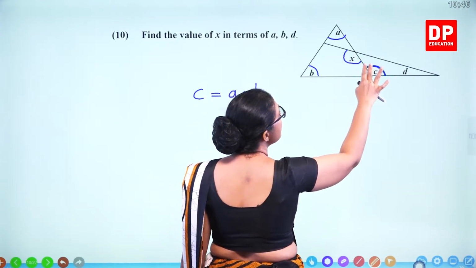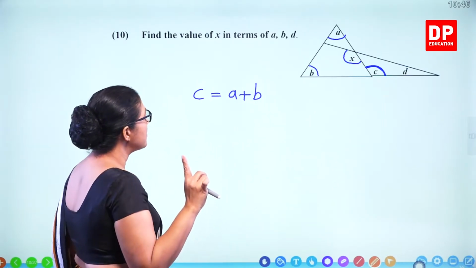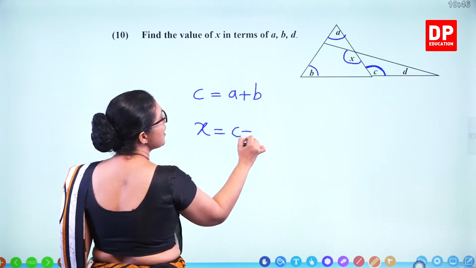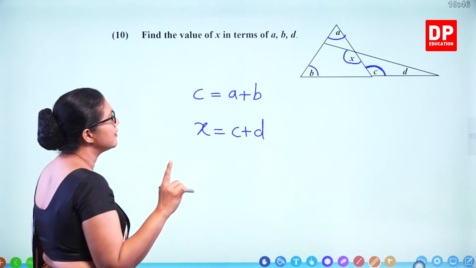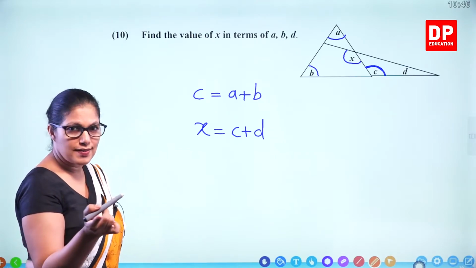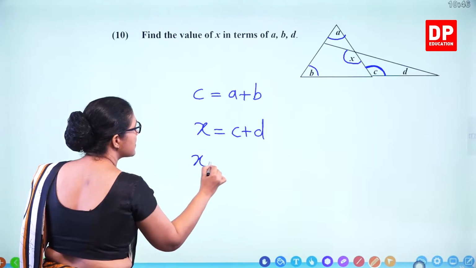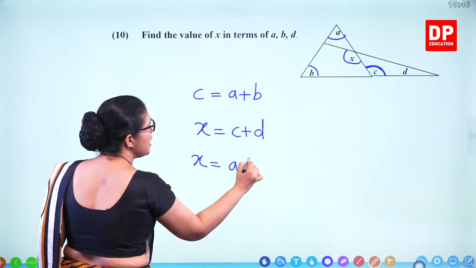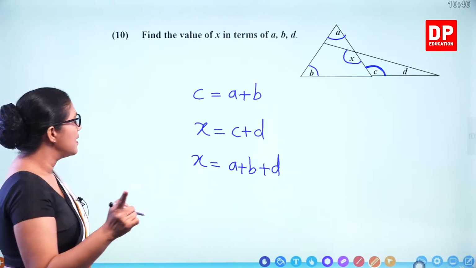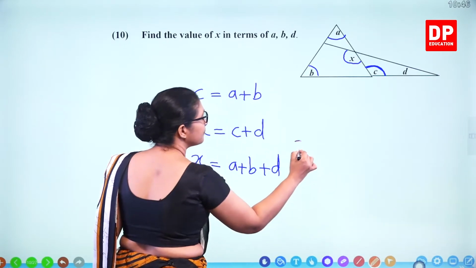That angle is equal to the opposite angles, which are C and D. So x is equal to C plus D. That's also an exterior angle. Now we need it in terms of A, B, D. That means no C is there. So you can substitute this C, plug it in here. So what is x? A plus B instead of C plus D. So A plus B plus D is x. So 2 marks for that.